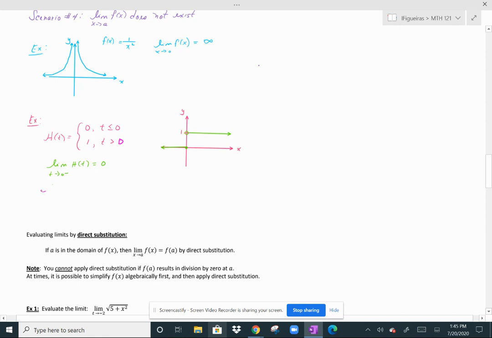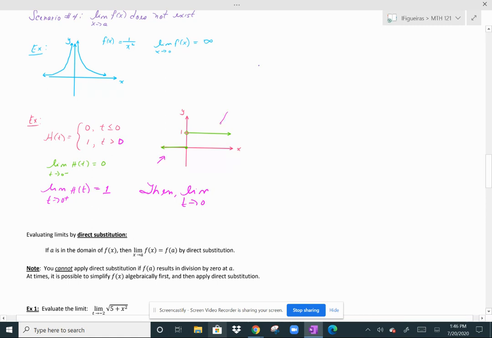But if you approach the limit from the right of h of t, on the right side of 0, values greater than 0, that has a value of 1. So when your left and right hand limits are not equal, you can say that the limit does not exist. And then I have a picture there above. The less than or equal to 0 part is here. It's a constant.